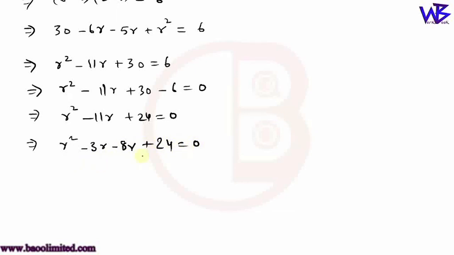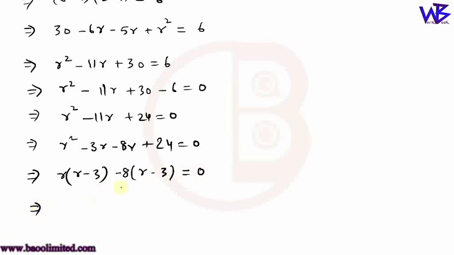So our equation can be expressed like this. Finally, we'll take r common from these two terms. This is what we'll get, r into (r minus 3), and we'll take minus 8 common from these two terms. And again inside the bracket, we'll get (r minus 3). RHS is 0.